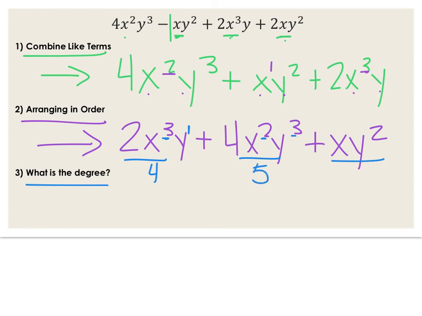That monomial has a degree of 5. This guy's 1, 2. Add them together, I get 3. Which one's the biggest? Well, 5's the biggest. So this whole polynomial is a 5th degree polynomial because the biggest monomial has a degree of 5 because I added the exponents and got 5.